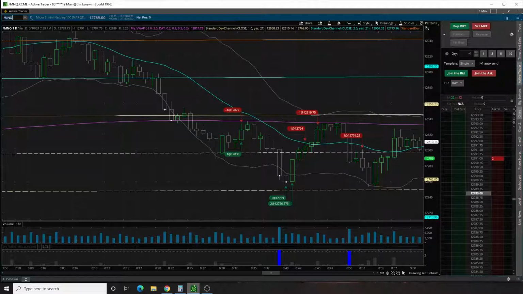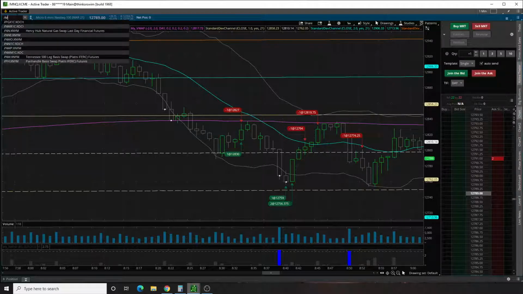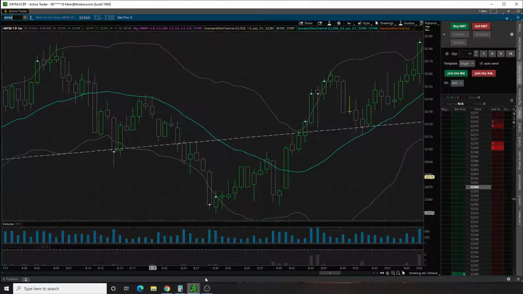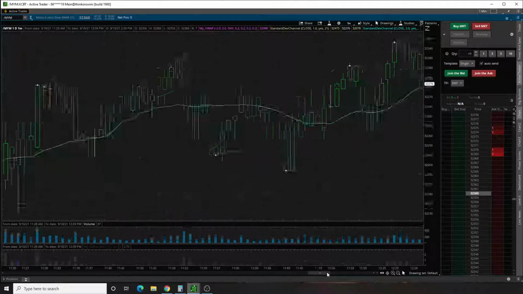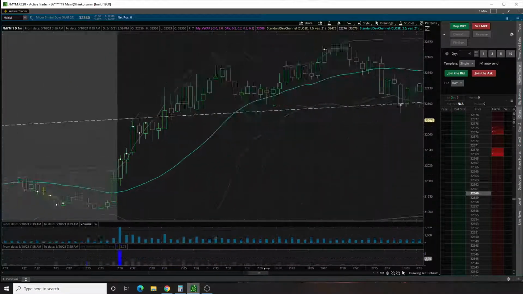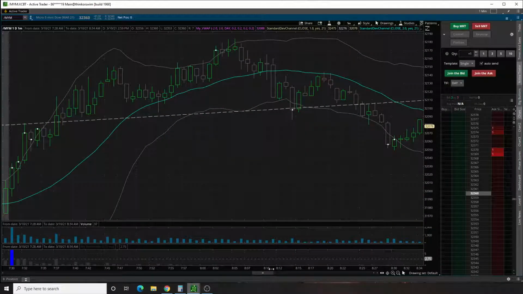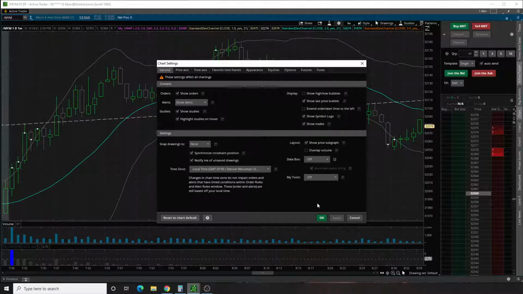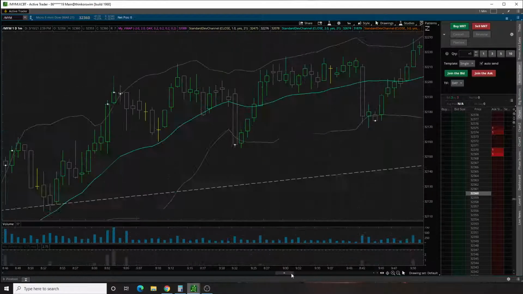Took one other trade in the micro Dow, another trade group. Let's go back and find that. Thought I had a trade in there.